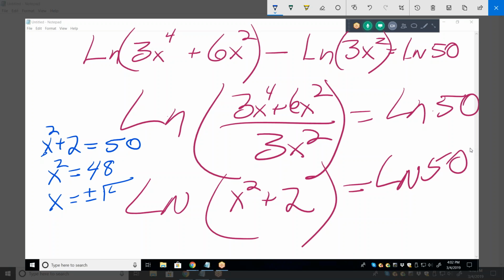Simplify that. They're always going to want you to simplify a radical if you can. What you're looking for is the largest factor of 48 that is a perfect square number.